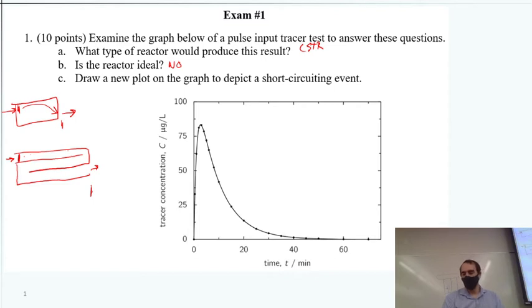And so if you were to draw something that had some short circuiting, you'd have a similar effect if it was the same reactor but it started short circuiting, but then you'd probably have a higher initial peak and then it would drop down lower, something like that.